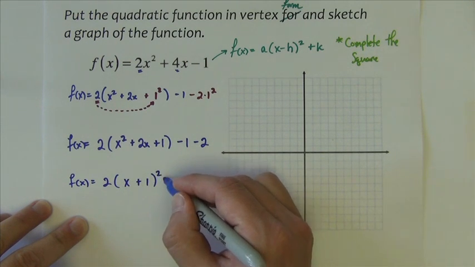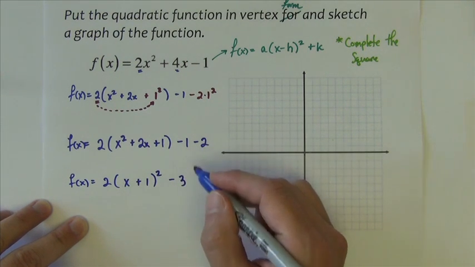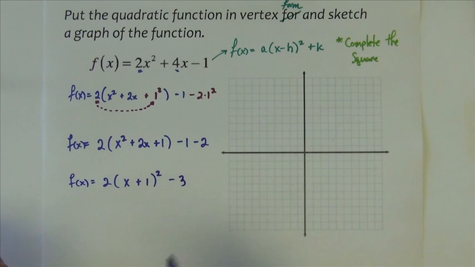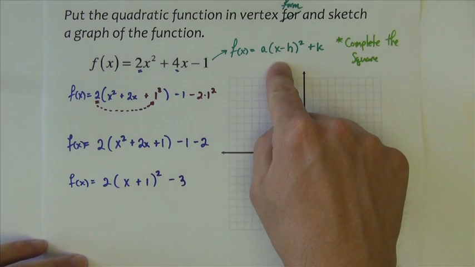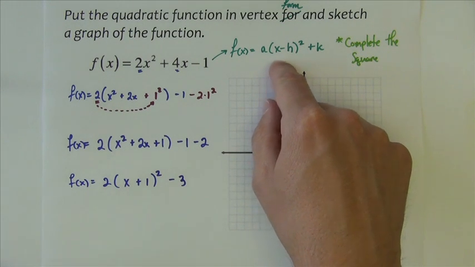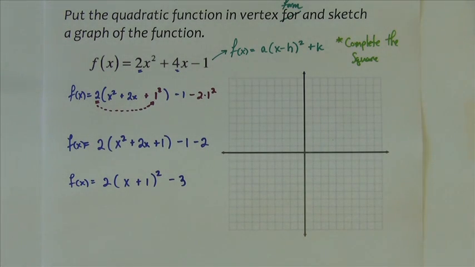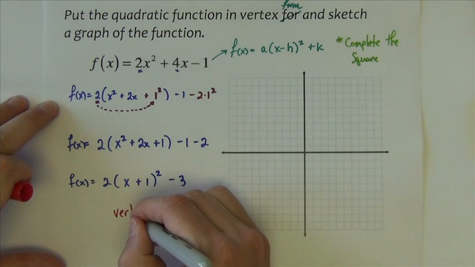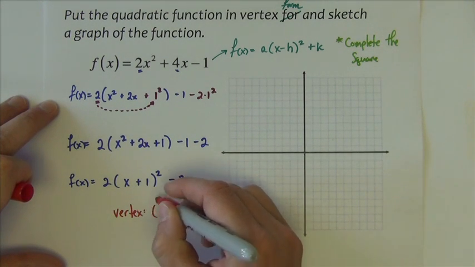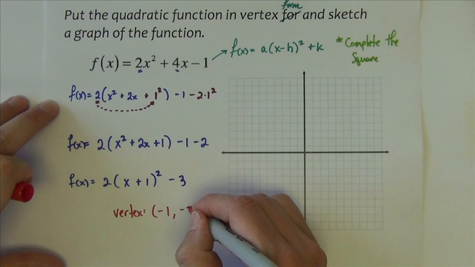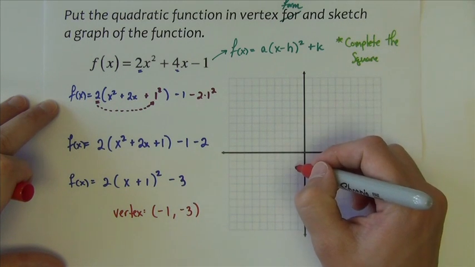Factors x plus 1 squared. These add to minus 3. Okay, if you look at this and compare to this, they look the same now. They look right. So we've got a vertex point at -1, -3.